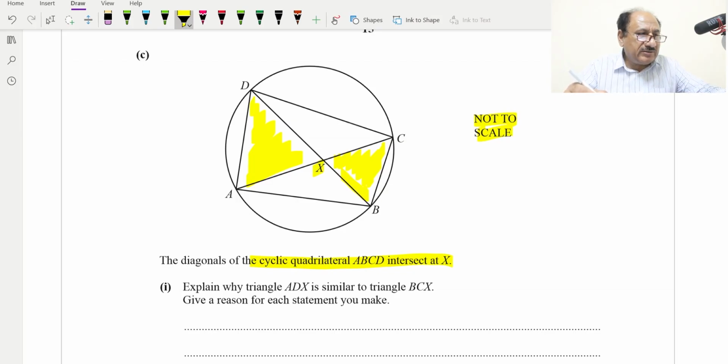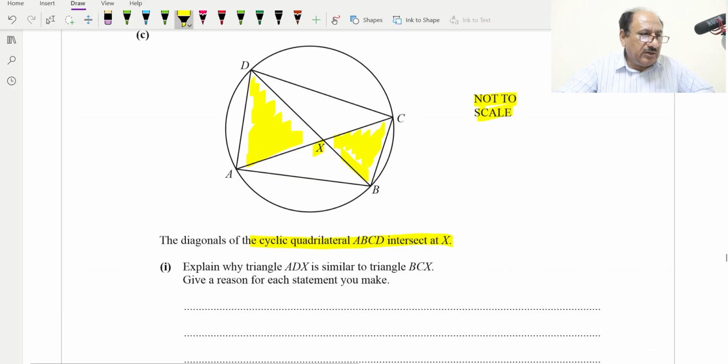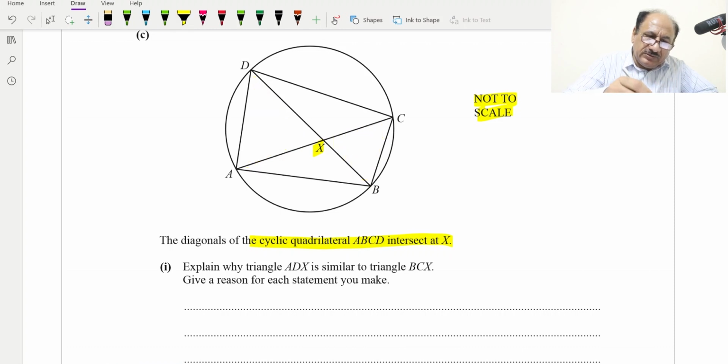So for each statement we have to provide a reason. What we can do is say different angles. For example, see this angle. This angle is equal to this angle. They are opposite angles basically.